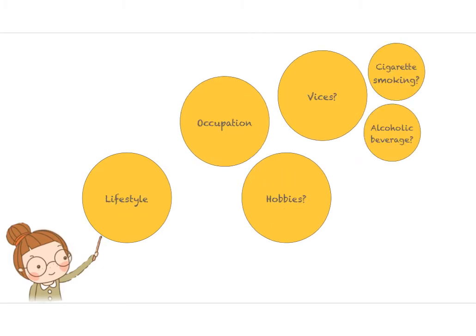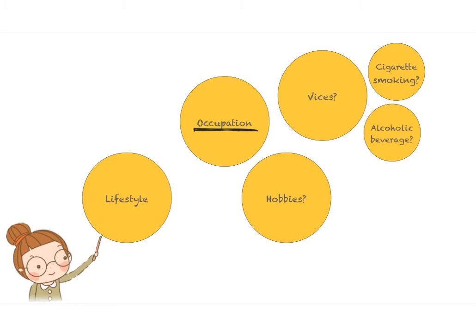Next subheading is the lifestyle. So what will be under lifestyle? Okay, the patient's occupation. There are musculoskeletal conditions that are occupation related or occupational. So for instance, pitchers, they are very prone to having shoulder dislocation.